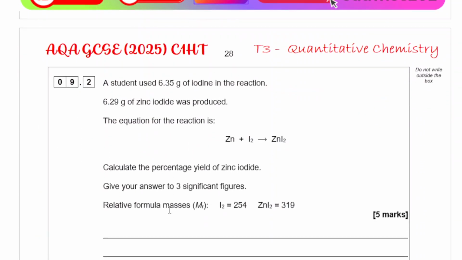A student used 6.35 grams of iodine in the reaction. 6.29 grams of zinc iodide was produced. The equation for the reaction is given. 6.35 iodine, 6.29 of zinc iodide.